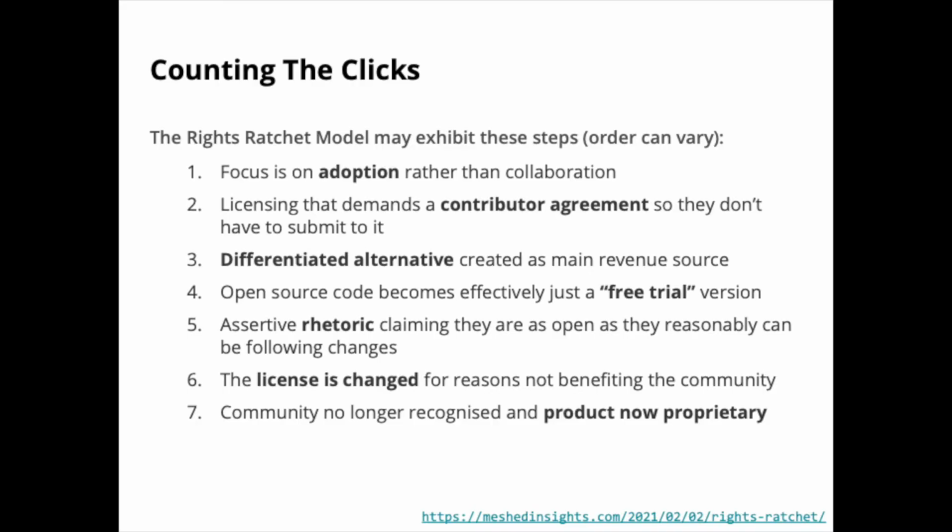You often find that the binary code disappears behind a registration form, and the links to the source code repository and to the community can be quite difficult to find on rights ratchet websites. As all these things are going on, you'll often hear assertive rhetoric claiming that the company is being as open as it reasonably possibly can and imploring you to consider the fairness and the need for monetization.